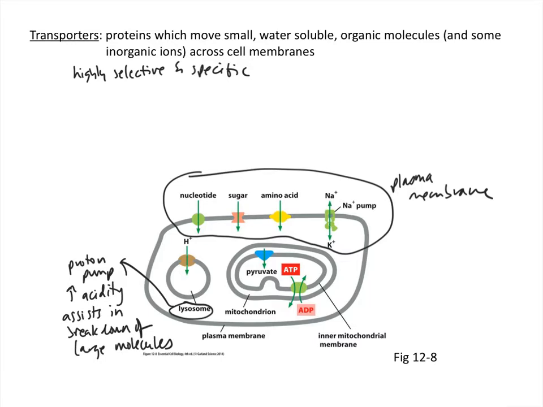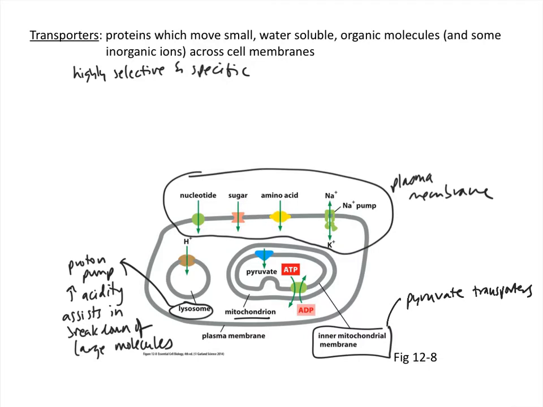I also want to highlight the mitochondria, and in particular here we're looking at one mitochondrion and the transporters which are found in the inner mitochondrial membrane. Two that are depicted here: there's a pyruvate transporter, which you may recall from an introductory biology course. Pyruvate is a large-ish organic molecule, and so there are particular pyruvate transporters which will bring pyruvate into the mitochondrion and then allow enzymatic reactions to occur within the mitochondria.